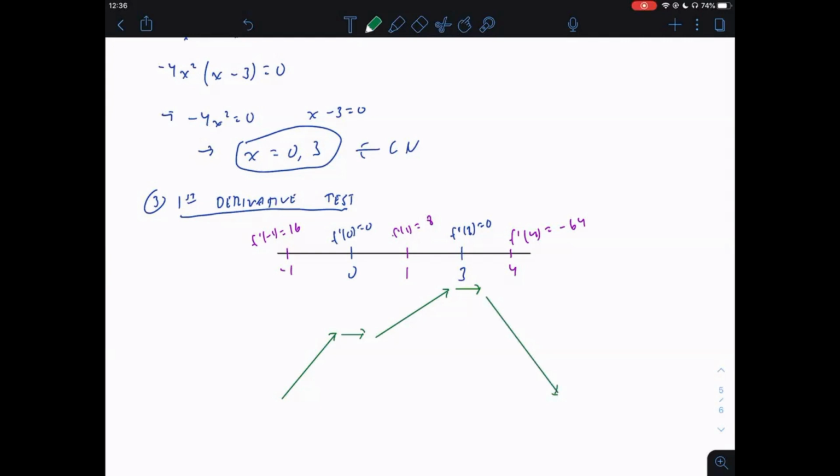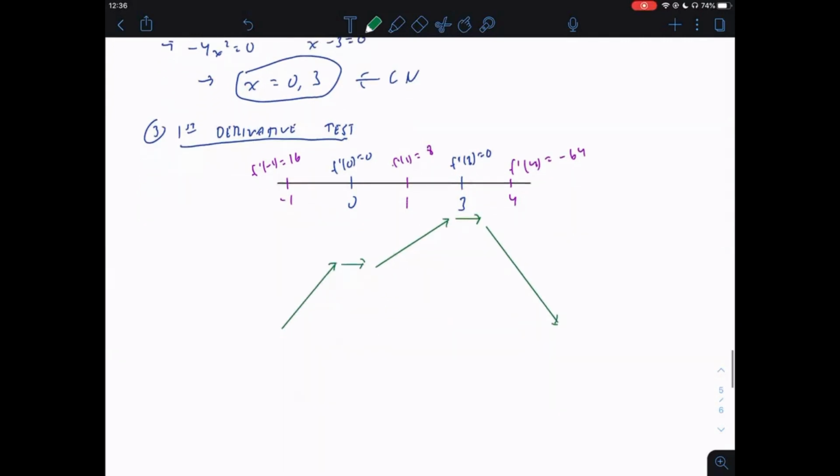Okay? So what happens here? Well, before the first critical number, since we had a positive slope, our function was increasing. Then it zeroed out, it flattened out, but even after it flattened out, it continued to increase.